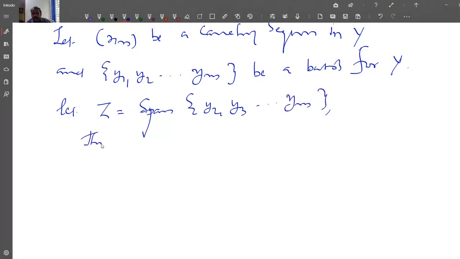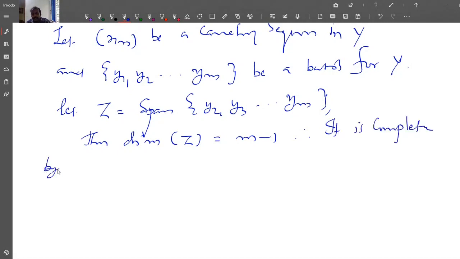Then the dimension of Z is m-1. Therefore it is complete by the induction hypothesis.